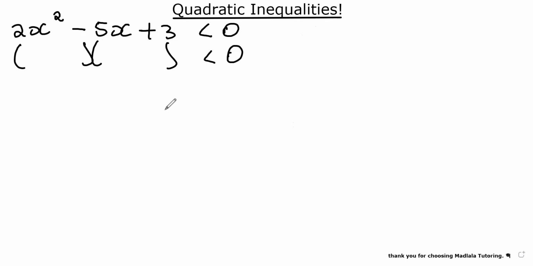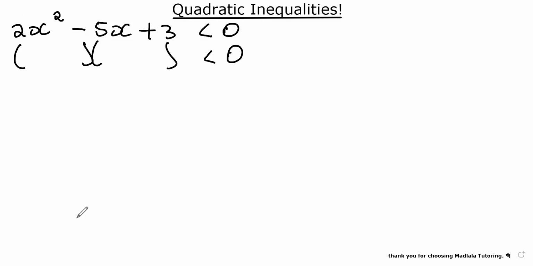But if you don't know how to factorize this quadratic expression, where the coefficient of x squared is not 1, then you just use your quadratic formula.